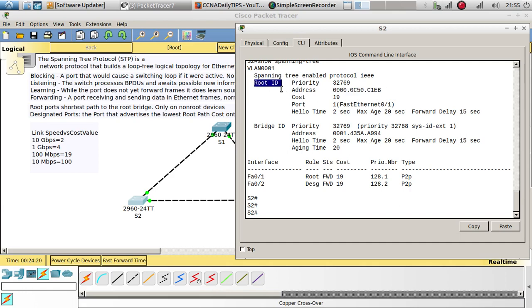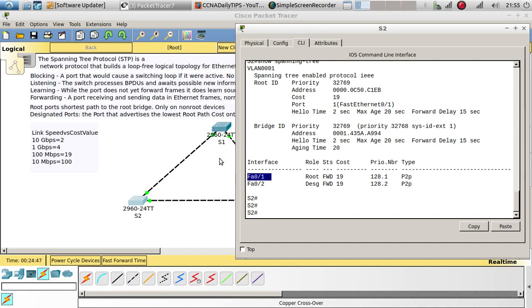This one actually became what is known as the root bridge. And you can see right here that FastEthernet 0/1, which is this one right here, became the root port, and the root port is the one with the lowest cost to the root bridge, which is this one right here.